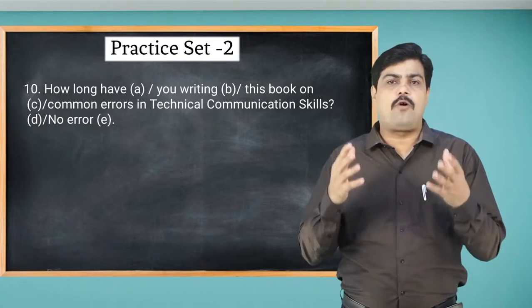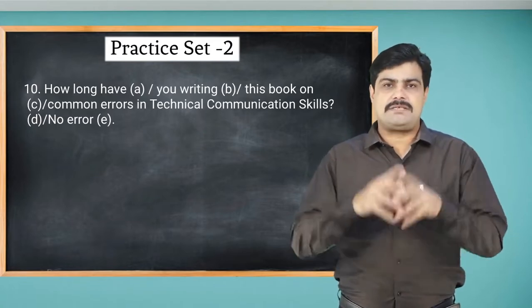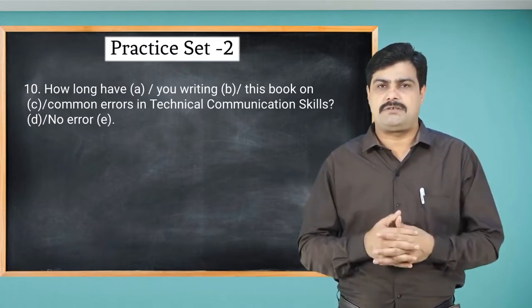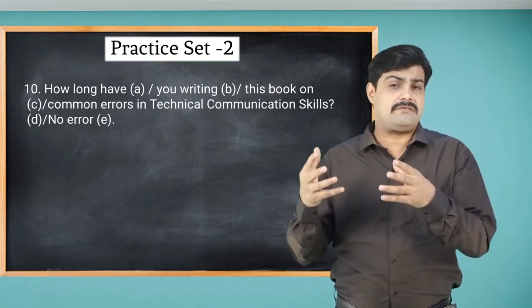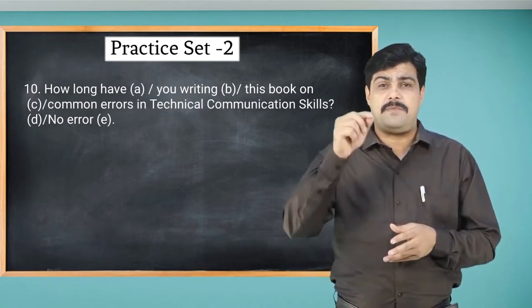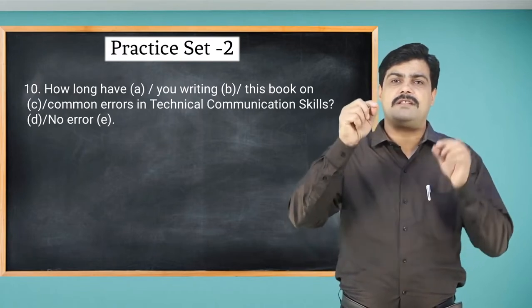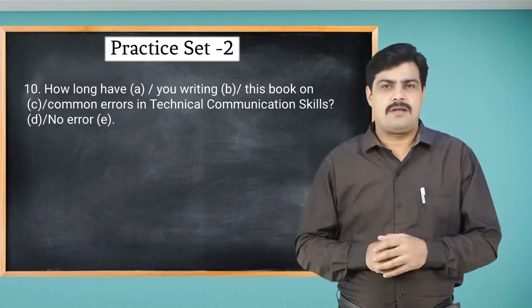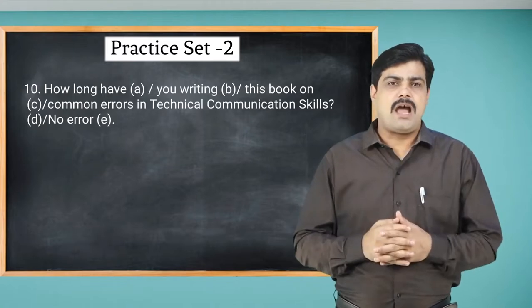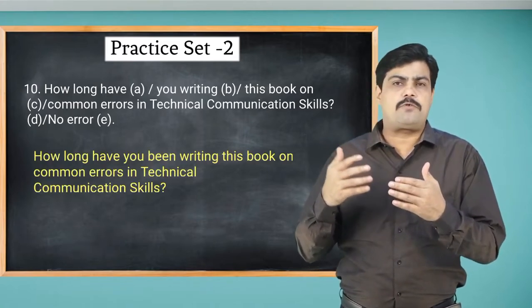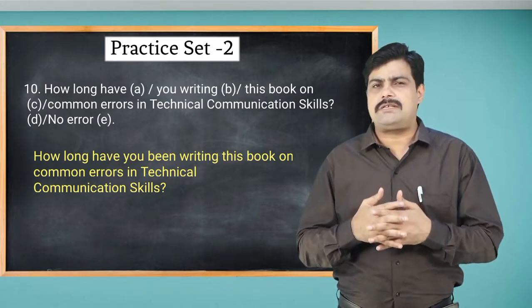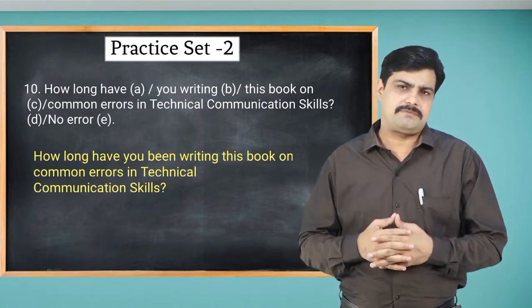And how long is one of them, because it is just talking about duration. So this sentence is not in present continuous tense. So had been, I mean have been, just after the pronoun you. Now see the correct sentence. How long have you been writing this book on common errors in technical communication skills?